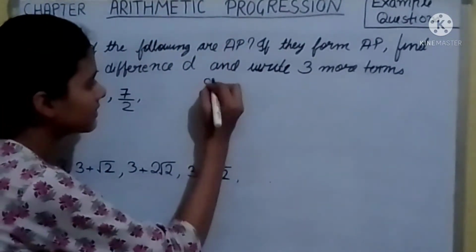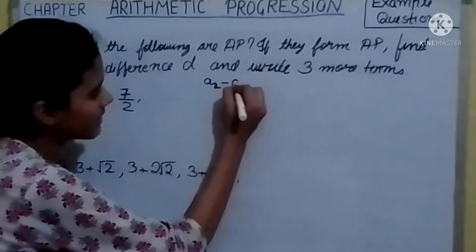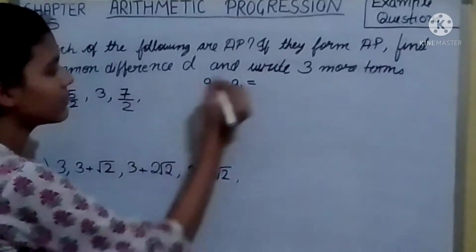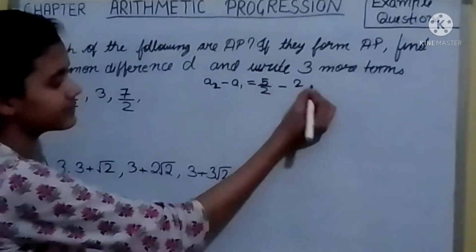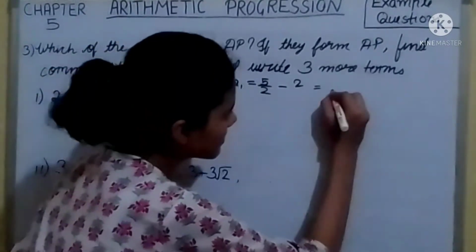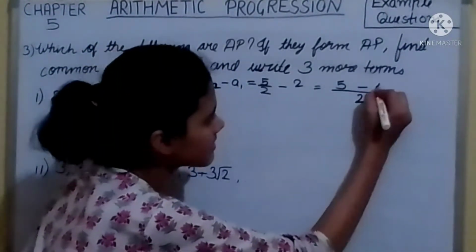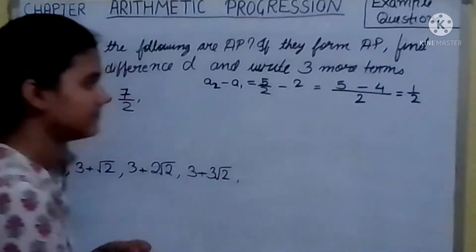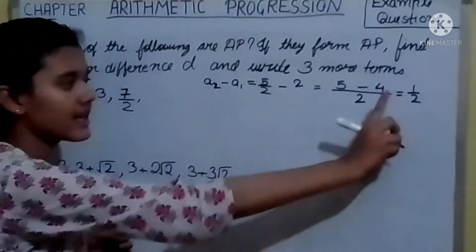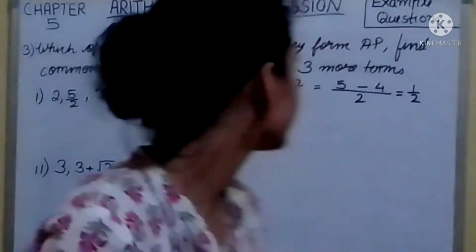So first, for finding the common difference, a2 minus a1 is equal to 5 by 2 minus 2. So LCM is 2, then 5 minus 4, so 1 by 2. So we have got in the first case that 1 by 2 is the common difference.